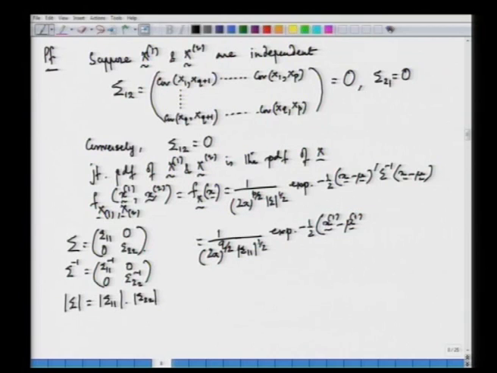Note that mu is also partitioned in the same manner as mu1 and mu2, and here I am going to have sigma 11 inverse with x1 and mu1.